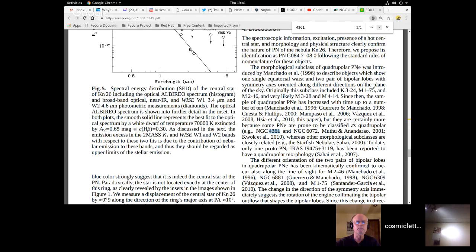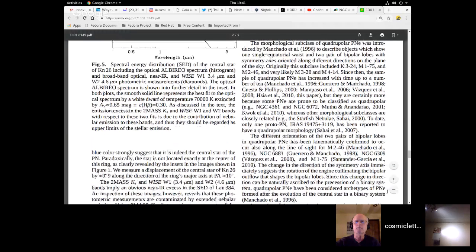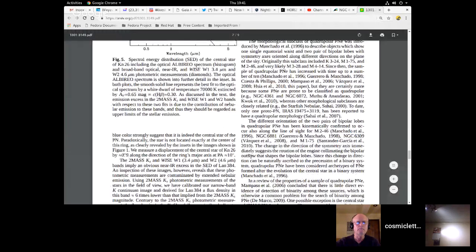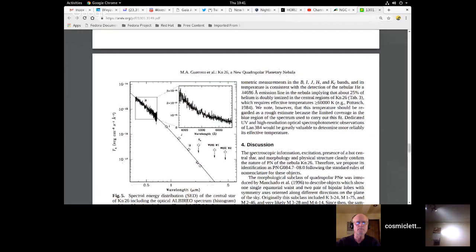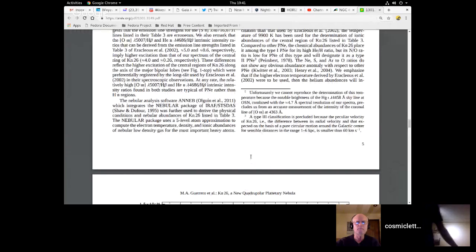Cool. Okay. So apparently NGC 4361 is a quadrupolar planetary nebula. Huh. I don't know much about these. I don't know if I've ever really heard of a quadrupolar planetary nebula. I wonder if we can get a basic definition.